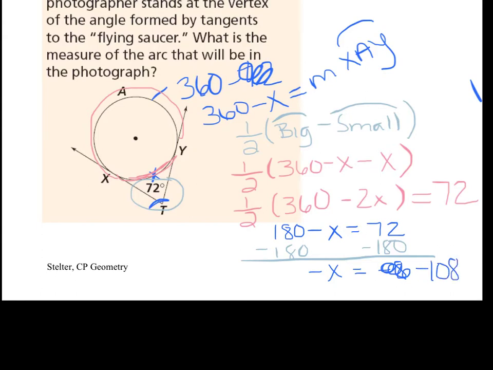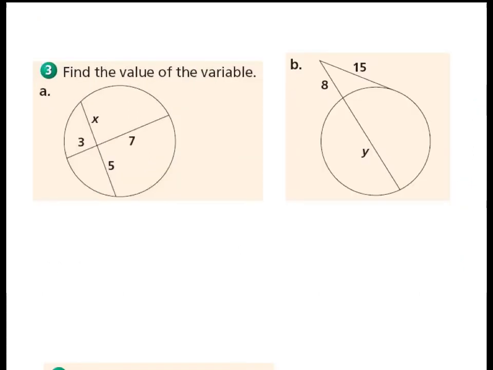Since both of these are negative, we can just wipe out that negative sign, like dividing by -1. So now I know that x is 108. So that is the arc that will be in the photograph. That's the measure of the arc that would be in the photograph. So let's go to the next one.